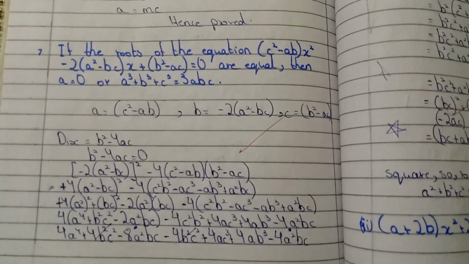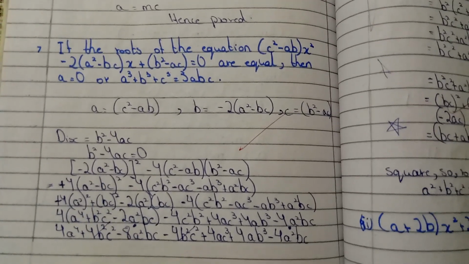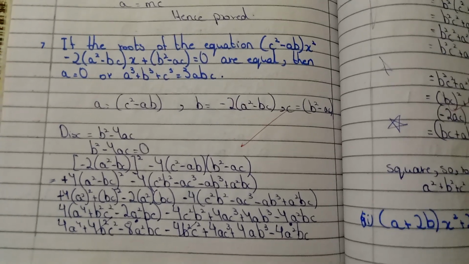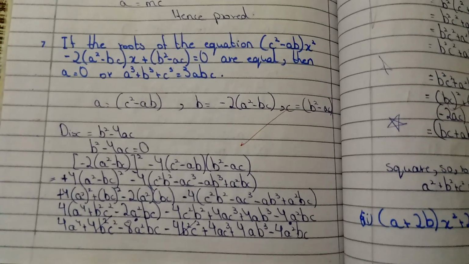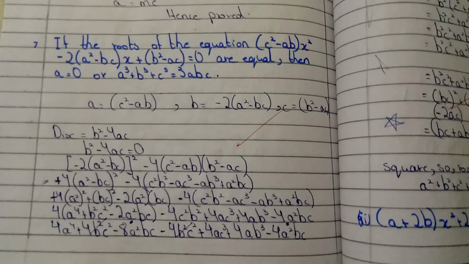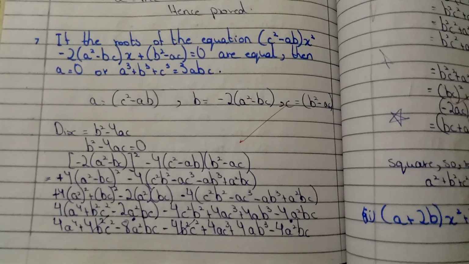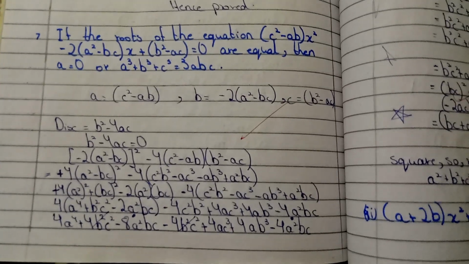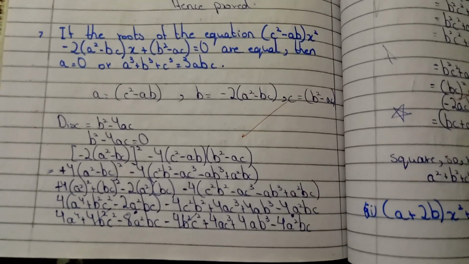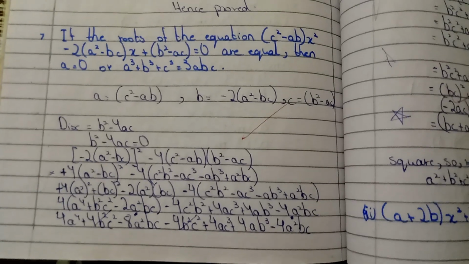Then we have arranged it and multiplied with 4. We have got 4a⁴ + b²c² − 2a²bc − 4c²b² + 4ac³ + 4ab³ − 4a²bc.